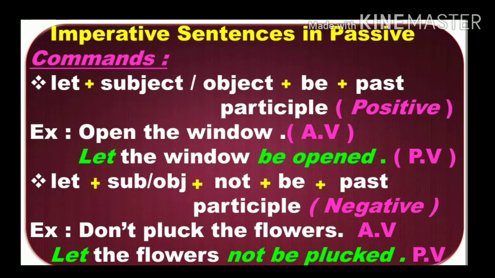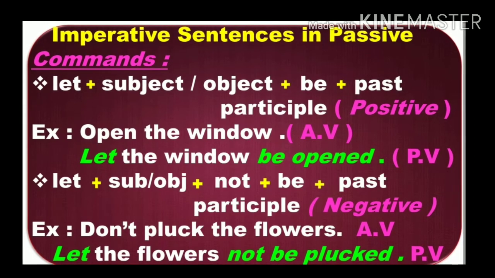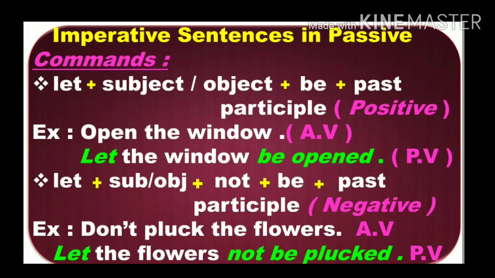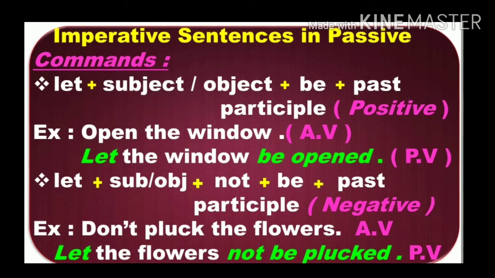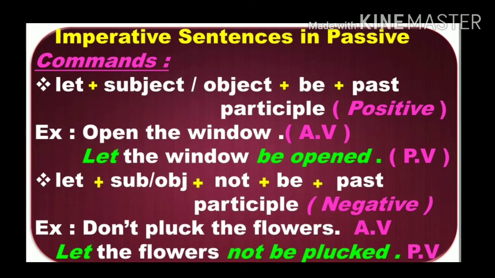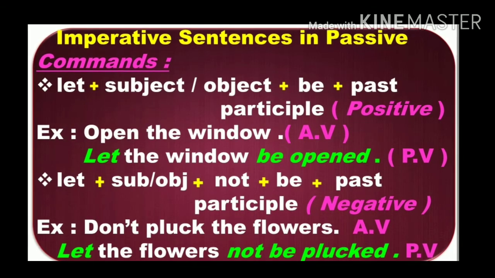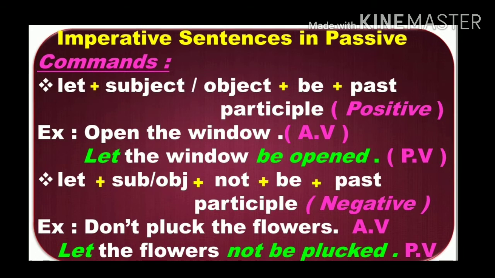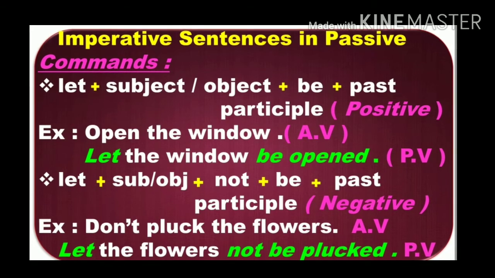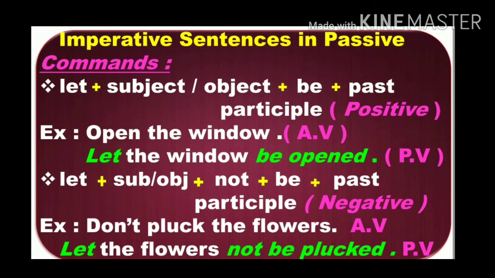The first one is let plus subject or object plus be plus past participle verb. Look at the example. Open the window. That comes under the command, so that is in active voice. When it goes to the passive, it will be changed as let the window be opened.